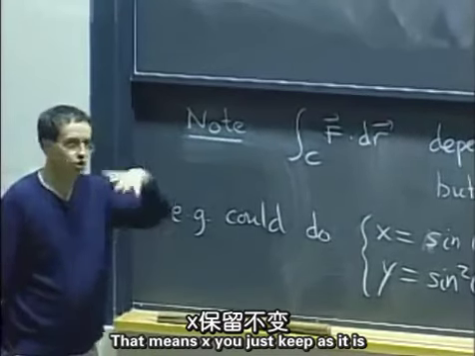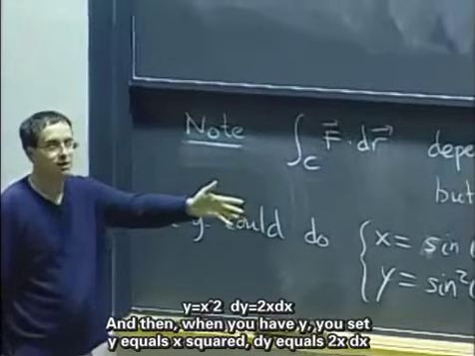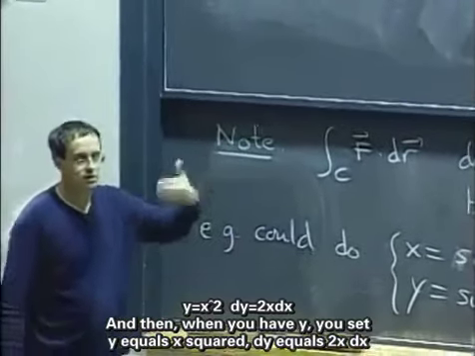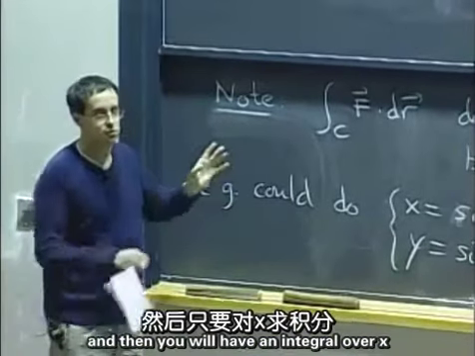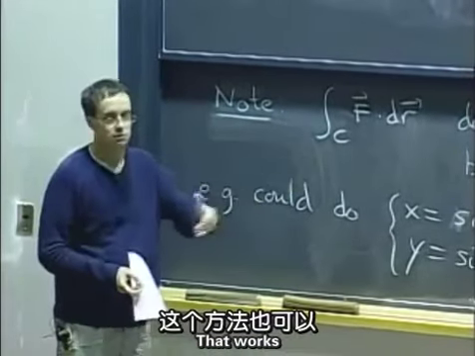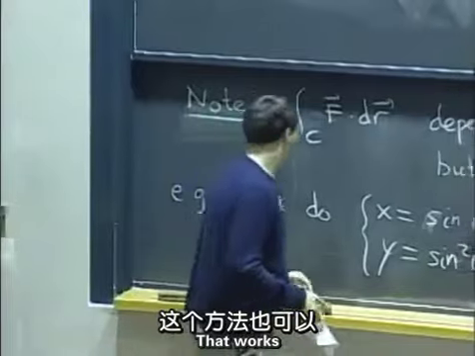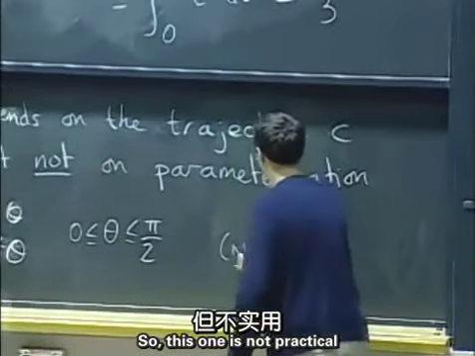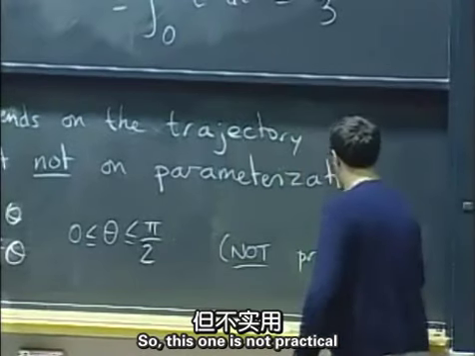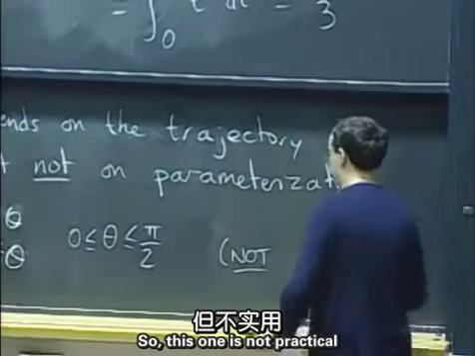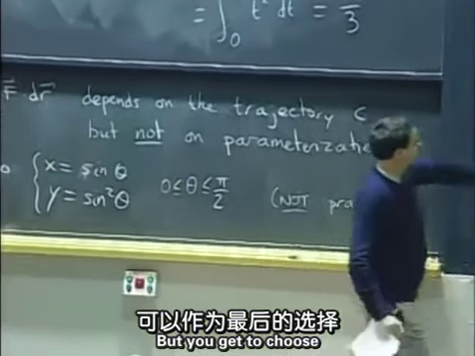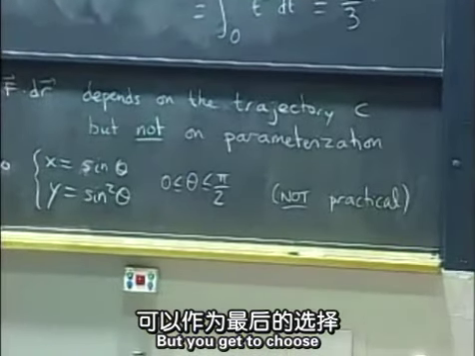So that means x, you just keep it as it is, and then when you have y, you set y equals x squared, dy equals 2x dx, and then you have an integral over x. That works. Okay, so this one is not practical. But you get to choose.